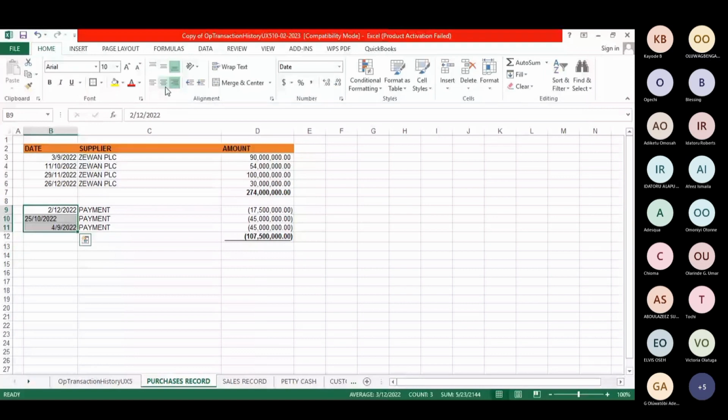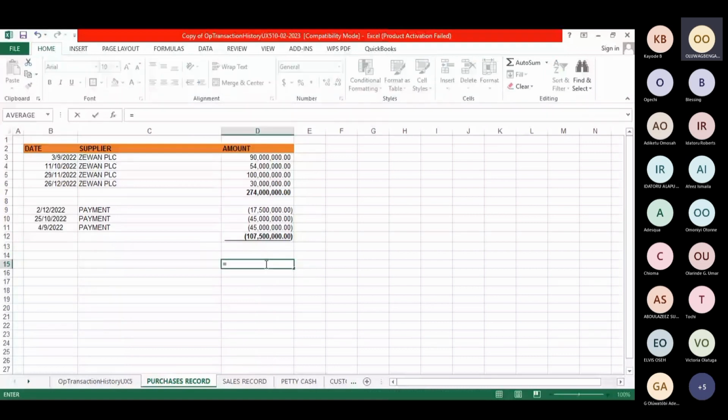So in essence, if I take it to be that this is everything that was supplied after I've done extensive research by checking all suppliers and quotation and invoices, I discovered that it is 74 million worth of goods that was supplied, and the payment made is this.